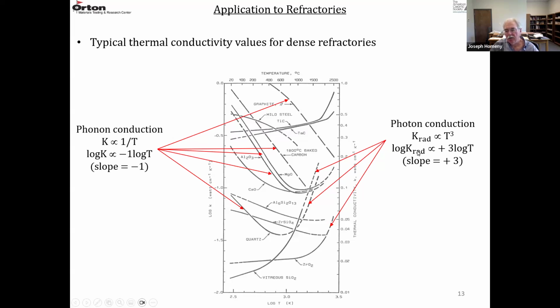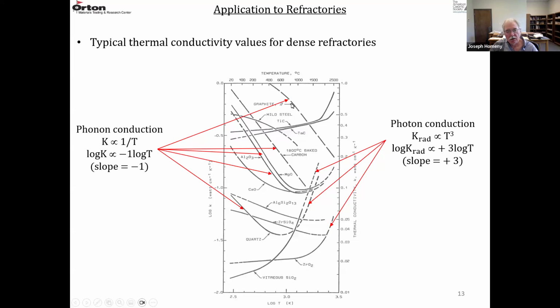So the log of K radiation is proportional to 3 times the log of the temperature. So these should have a slope of +3. And on these plots, these are +3. So the equations we developed for phonon conduction and photon conduction actually correctly predict the trends in these materials.